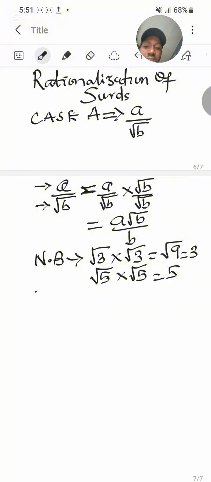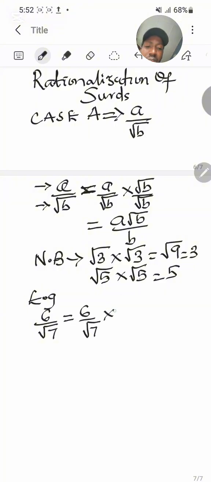So for instance, if you are given this surd to rationalize, we have 6 over root 7. What you just do is you multiply both the numerator and the denominator by exactly the surd at the denominator. So we can say 6 times root 7 is 6 root 7 over root 7 times root 7 is 7.